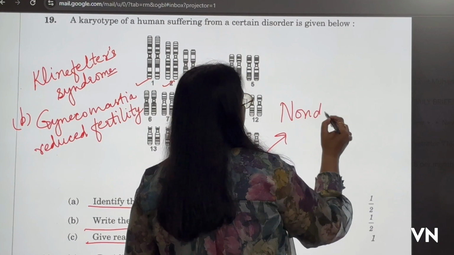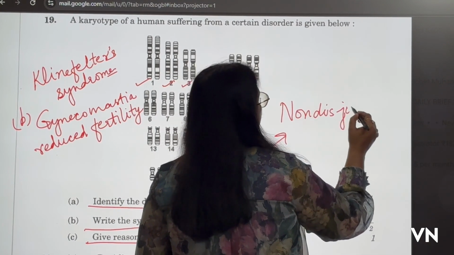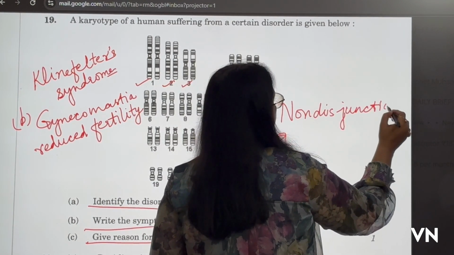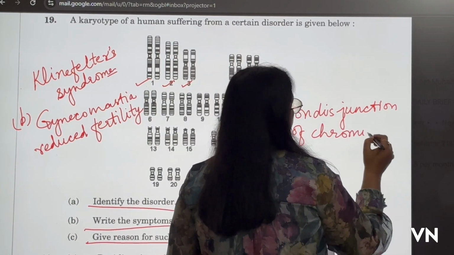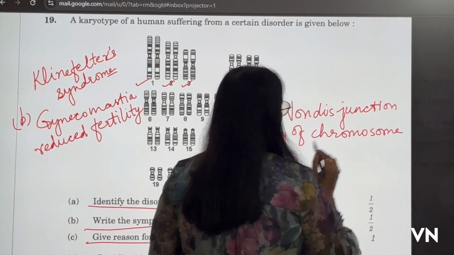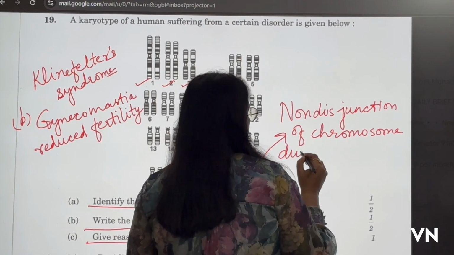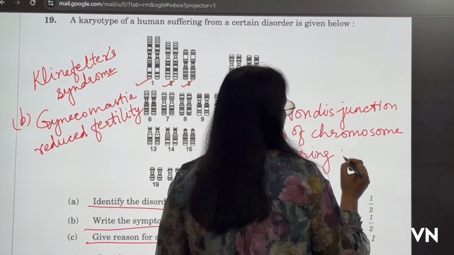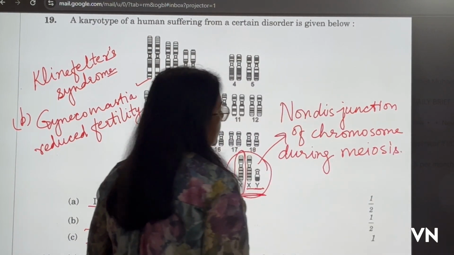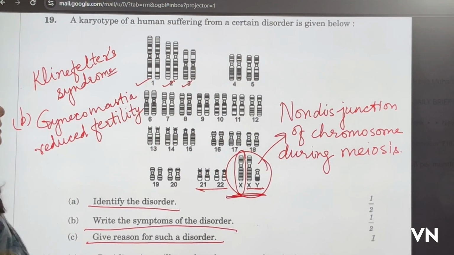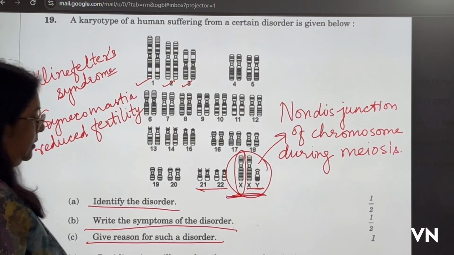Non-disjunction of chromosomes during gamete formation or during meiosis. So what can we say? Meiotic non-disjunction. Next question.